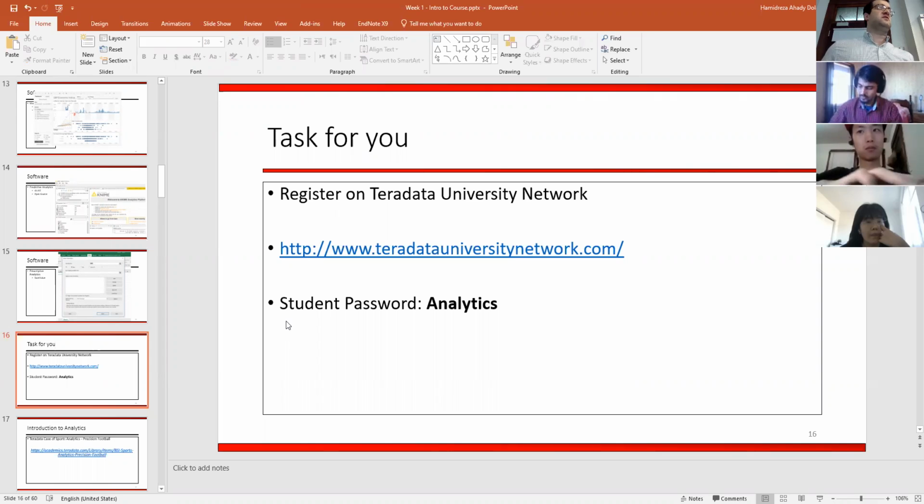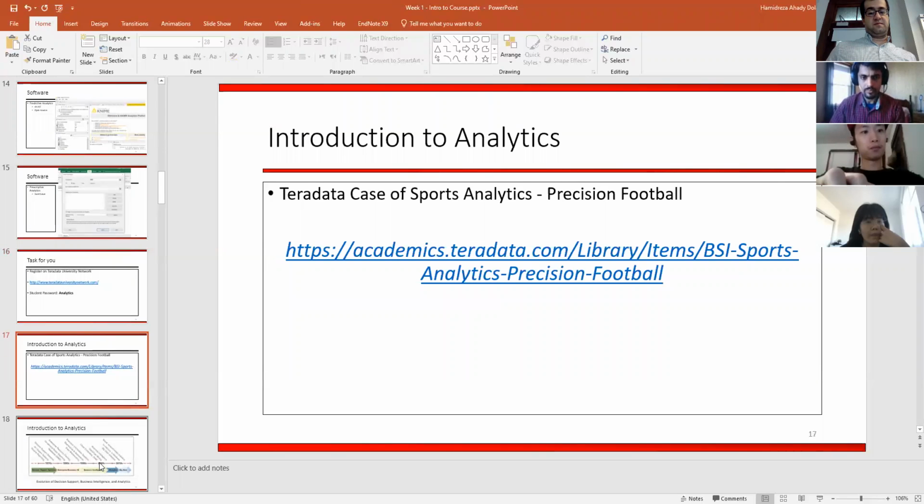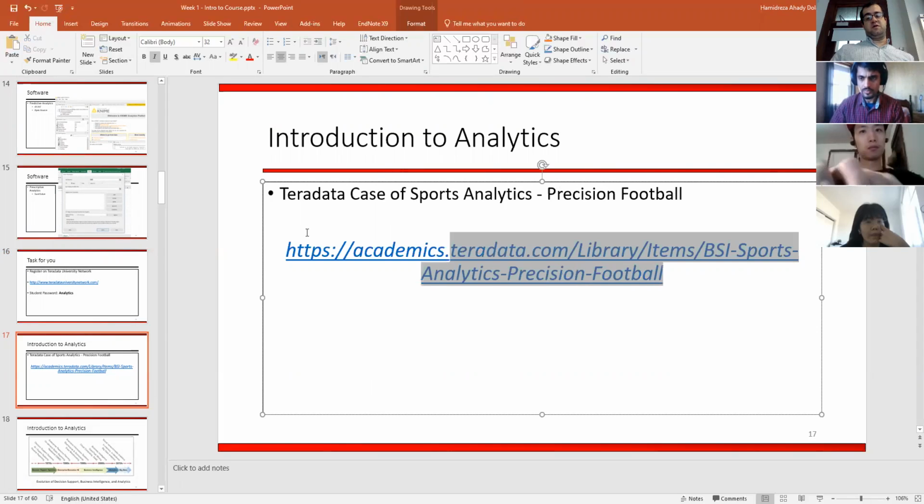They provide really good resources, and this is the website associated with your textbook, and there are some examples in your textbook whose data you can find on the website. For example, about precision football, let me just copy. I'm not sure if I remember my password.